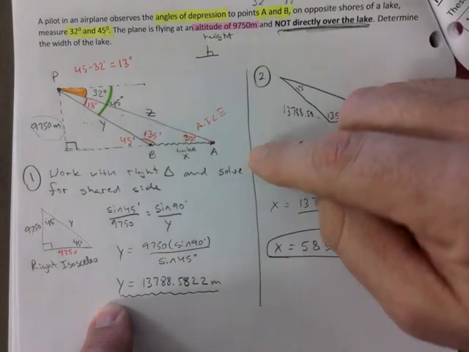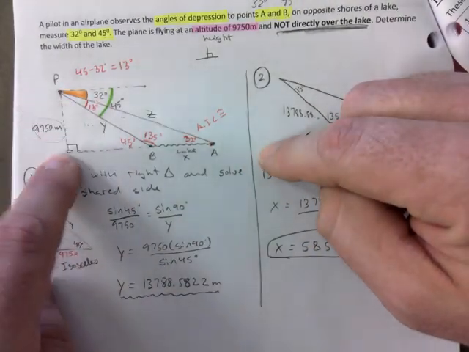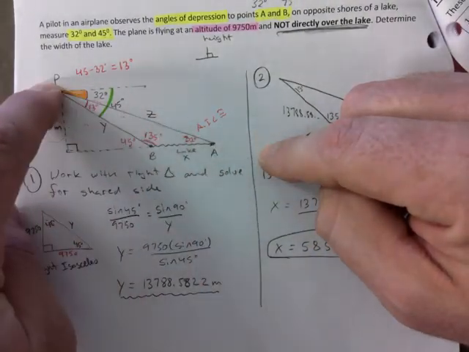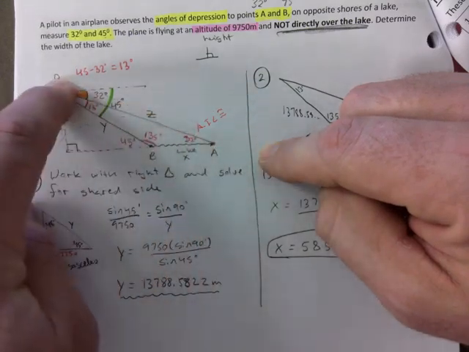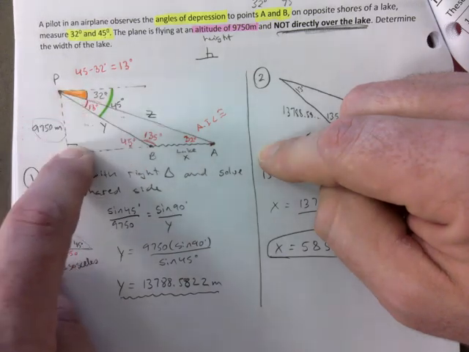The question was, could we have used this whole triangle here? This big right triangle, you see it? I keep going over it so you don't miss it.